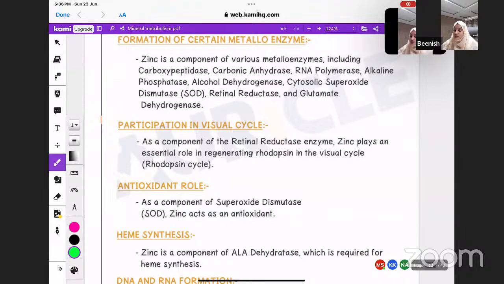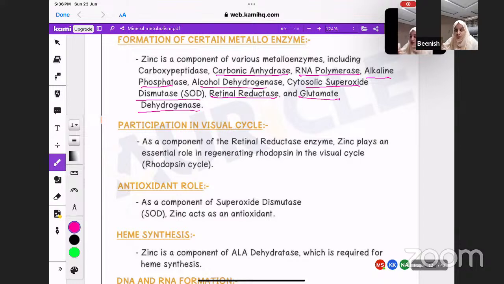So it is a part of carbonic anhydrase, RNA polymerase involved in RNA synthesis, alkaline phosphatase, alcohol dehydrogenase, cytosolic superoxide dismutase involved in oxygen free radical scavenging, and retinal reductase, which is involved in regeneration.